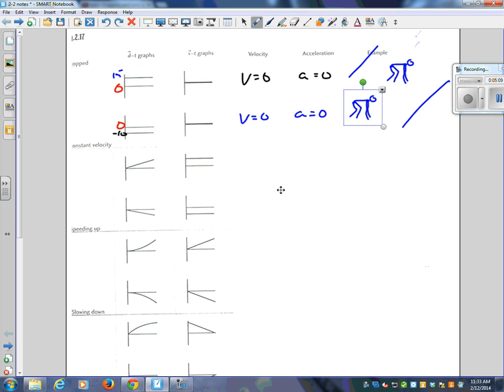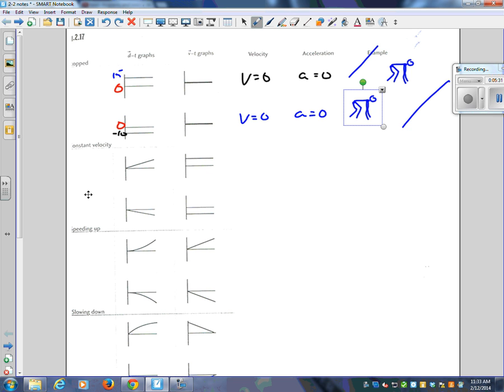Now, if both of these people were facing the other way, would that be exactly the same? Yes, they're stopped. It doesn't matter what direction they're facing, right? There's no vector quantity for facing direction. It doesn't exist. When you're stopped, you're stopped. So, anyways. Moving on, constant velocity.